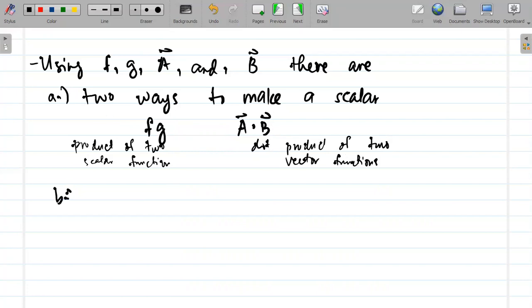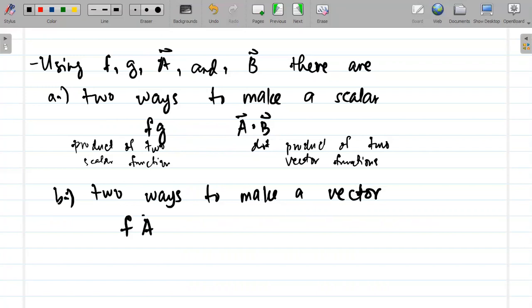Now, on the other hand, we also have two ways to make a vector. So, ang una ay yung scalar, i-multiply mo sa vector. So, di ba vector din yan? So, this is scalar times vector. So, class, ano yung isa pang way para makakuha tayo ng vector?